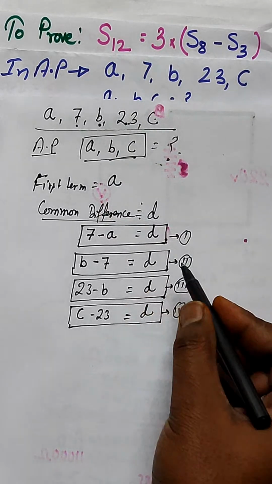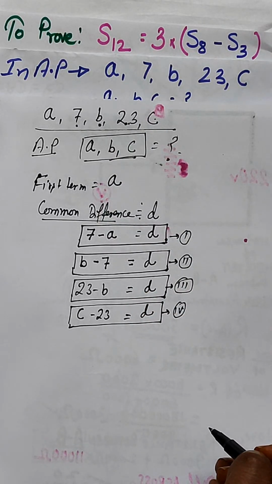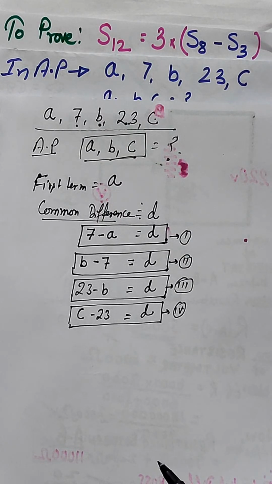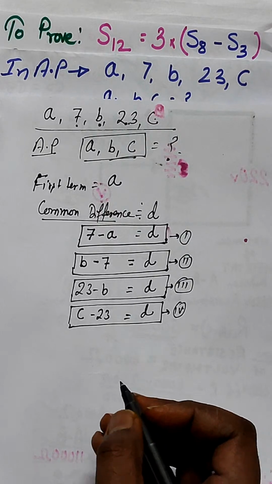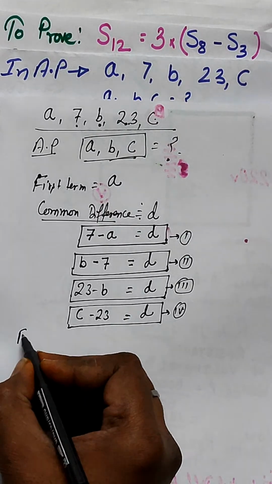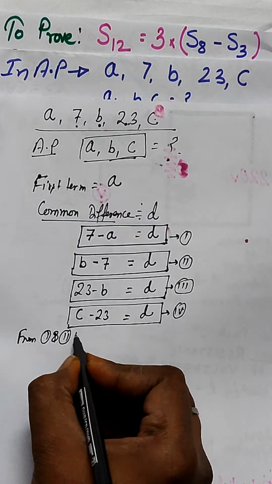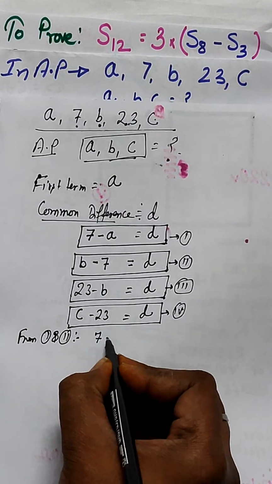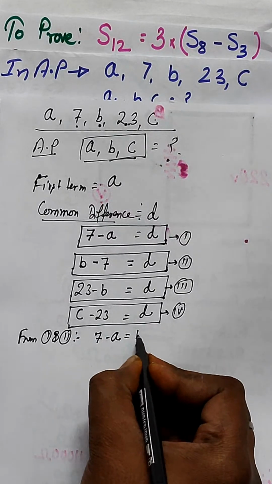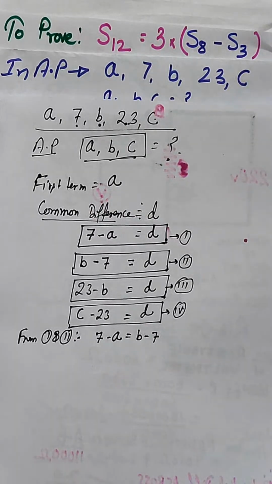So we can easily equate each of these equations, right? So when we are equating it, from 1 and 2, can't we say that 7 minus A equal to B minus 7, right?